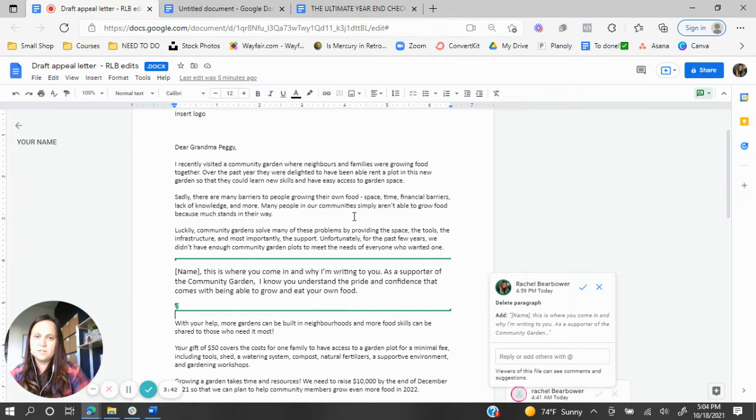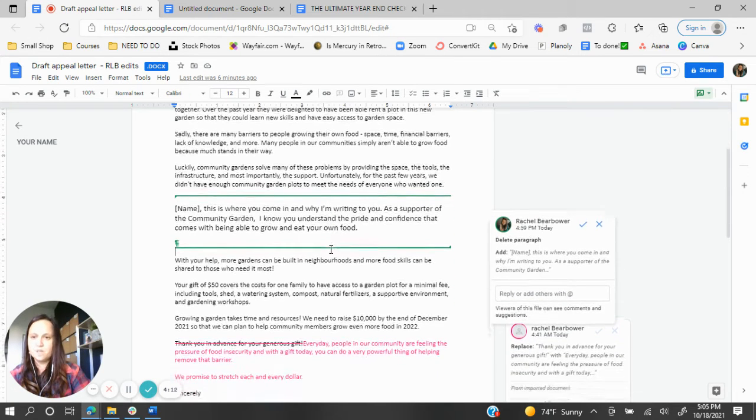Many people in our communities simply aren't able to grow food because much stands in their way. Luckily, and now this is getting into the solution, community gardens solve many of these problems by providing the space, the tools, the infrastructure, and most importantly, the support. Unfortunately, for the last few years, we didn't have enough community garden plots to meet the needs of everyone who wanted one. Okay, so very clearly stated what the problem and the solution are.